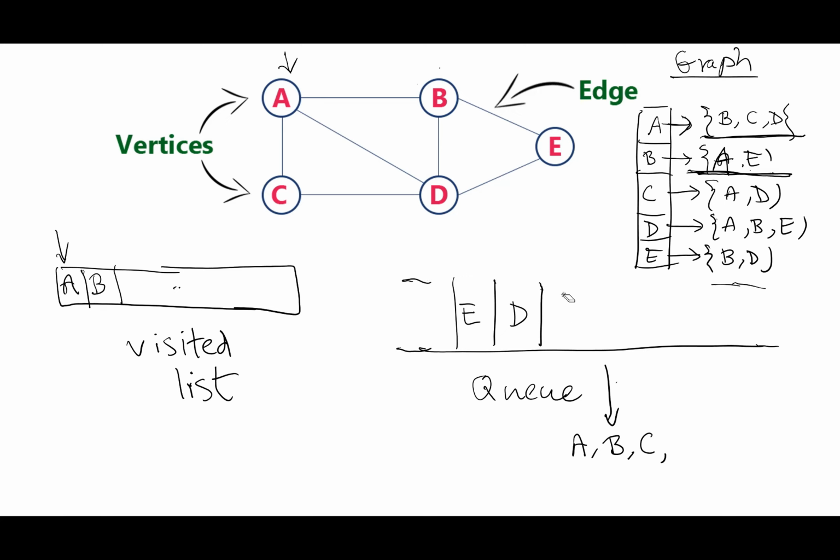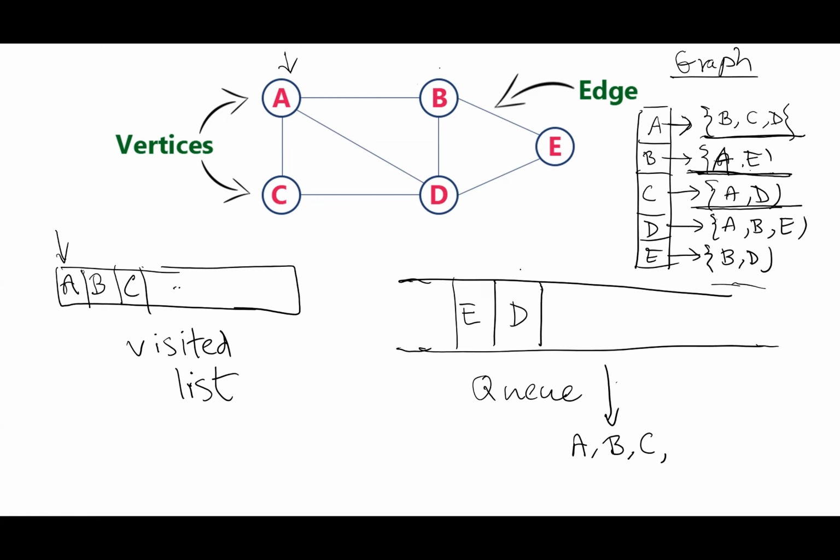So next time I take out C, I add C to the visited list, and then I take a look at C's neighbors. So you see C's neighbors are A and D. Okay, so I probably made a mistake here.